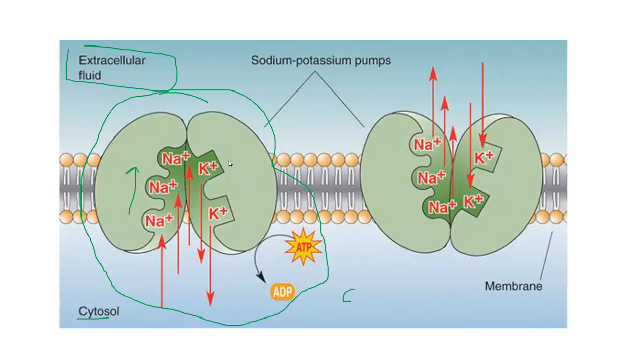The only way potassium can come back in is through the sodium-potassium pump. An important point to note is that for every 3 sodiums that go out through the sodium-potassium pump, the pump can only bring in 2 potassiums. So 3 sodiums go out, 2 potassiums come in.